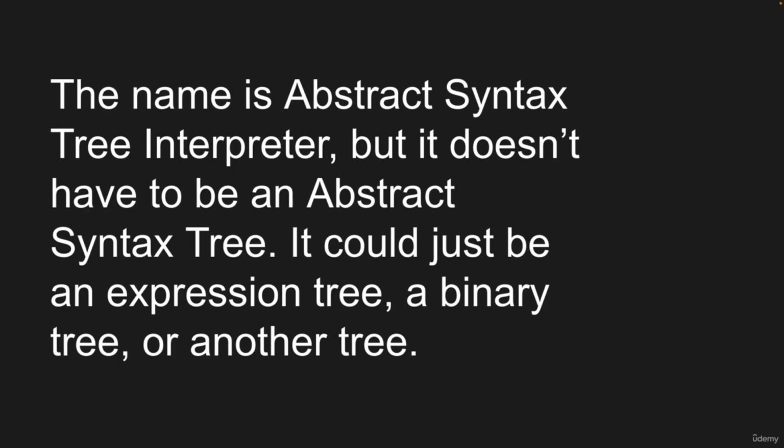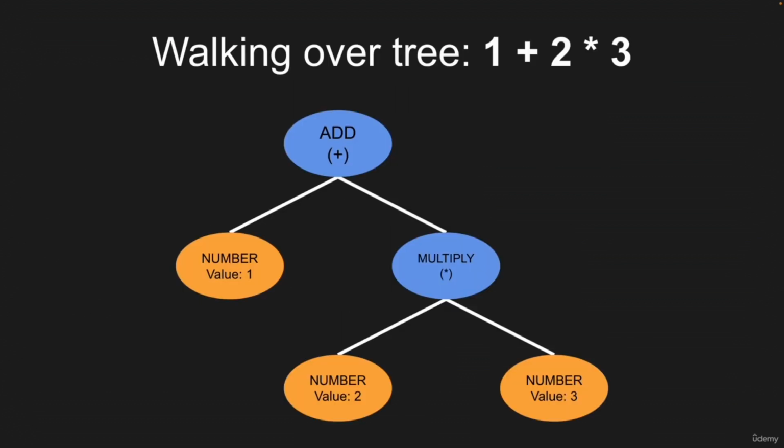The name abstract syntax tree interpreter doesn't mean it has to be an abstract syntax tree. It could be an expression tree or a binary tree or another tree. Here's an example of walking over the tree for 1 plus 2 times 3. Let's scan through this tree.